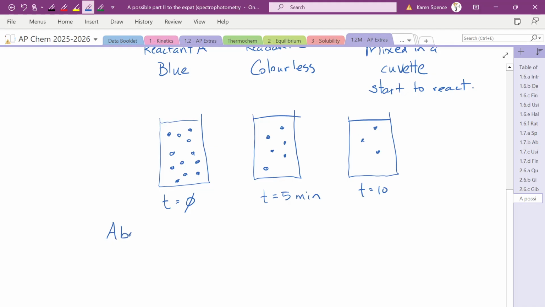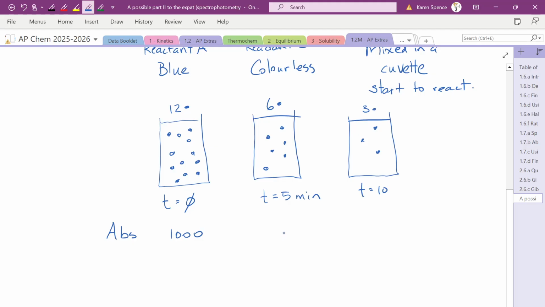Our absorbance, let's just say that we get an absorbance of 1,000 here. What would the absorbance be after 5 minutes? Over here I have 12 little blue things. Here I have 6 little blue things. Over here I have 3 little blue things. What would my absorbance be at 5 minutes?